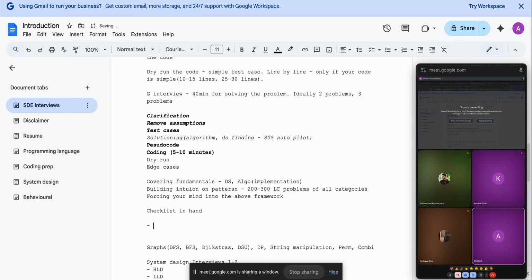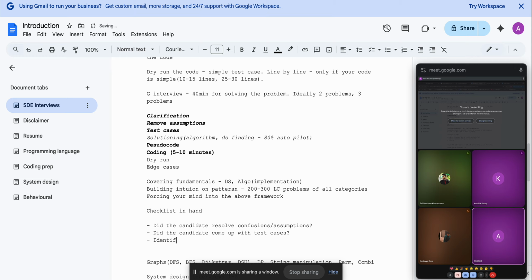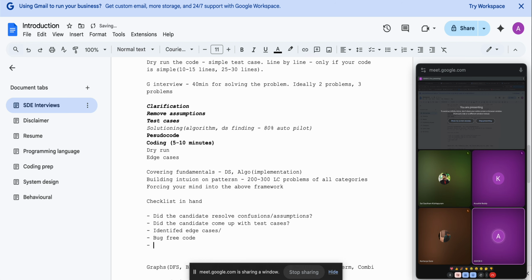They need to check most of the boxes. Did the candidate resolve confusions or assumptions? Did the candidate come up with test cases, identify edge cases, write bug-free code?